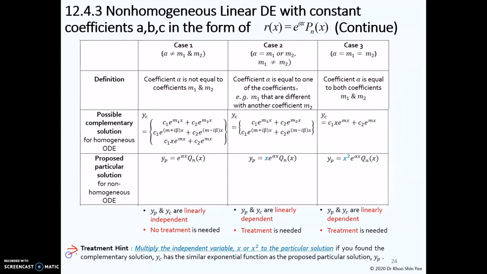In simple terms, if the complementary solution has a similar exponential function to the particular solution, you need to multiply the particular solution by either x or x squared.